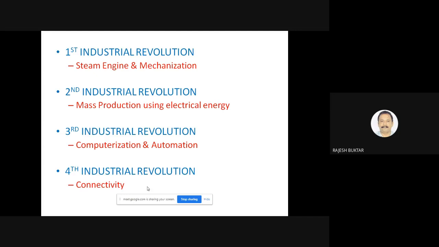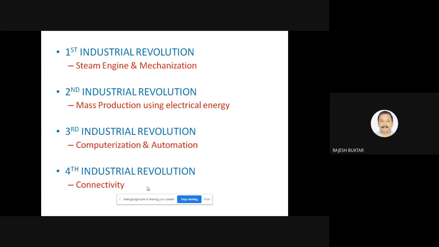So here in the fourth industrial revolution, I have written a word, connectivity. So what is the difference between the third industrial revolution and fourth industrial revolution? Connectivity. So the connectivity of man with machine, connectivity of machine with man, which was the missing element till the third industrial revolution.